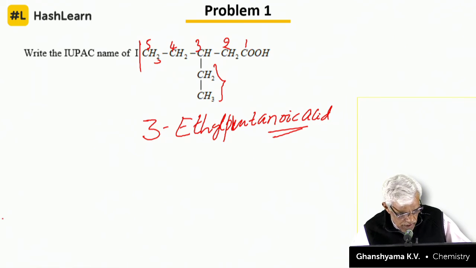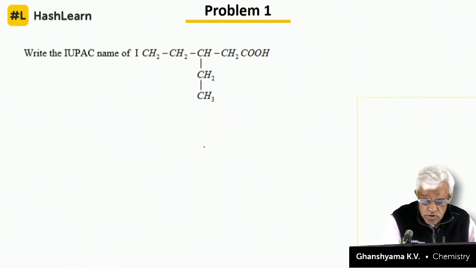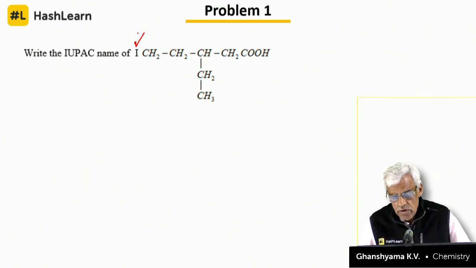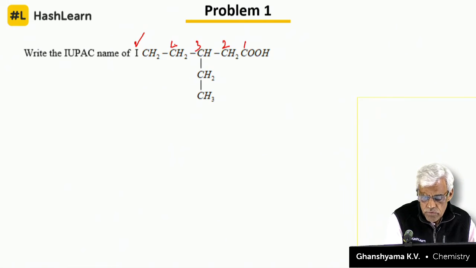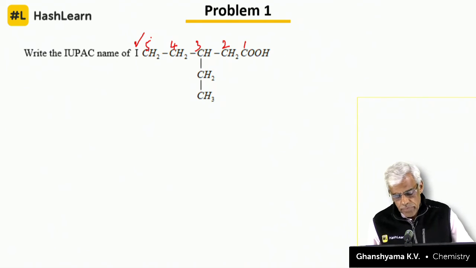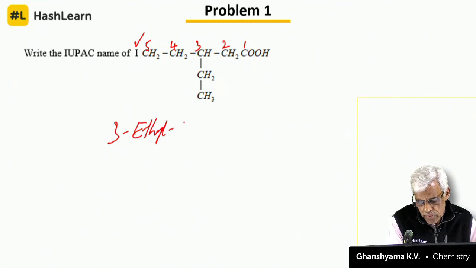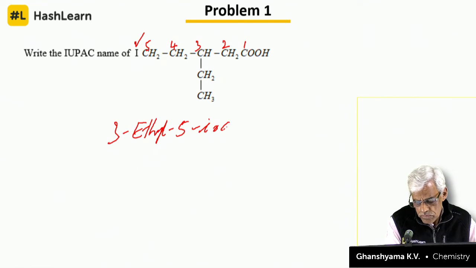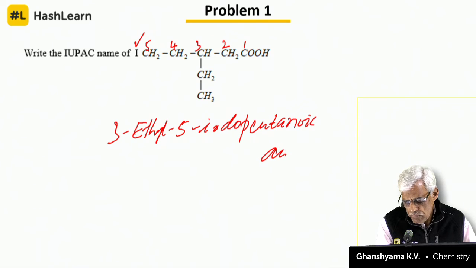Suppose you have iodine here. Suppose iodine is present, then 1, 2, 3, 4, 5, so it is 3-ethyl-5-iodopentanoic acid.